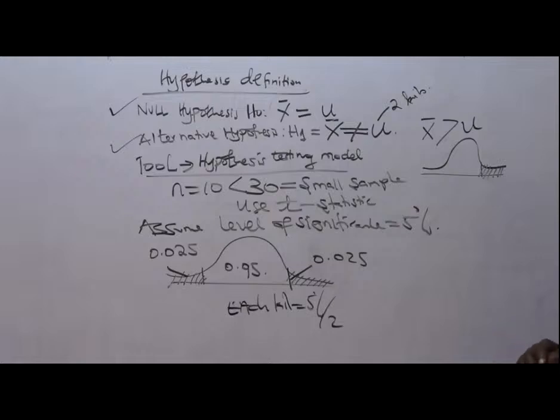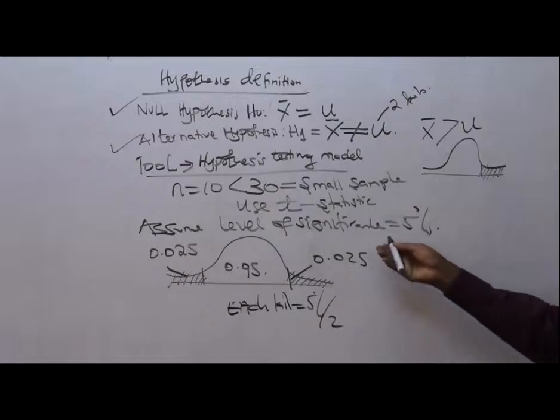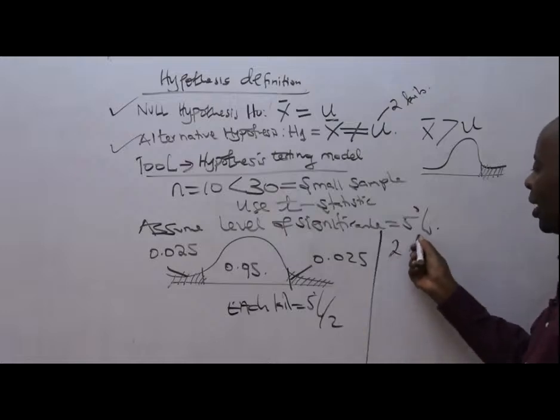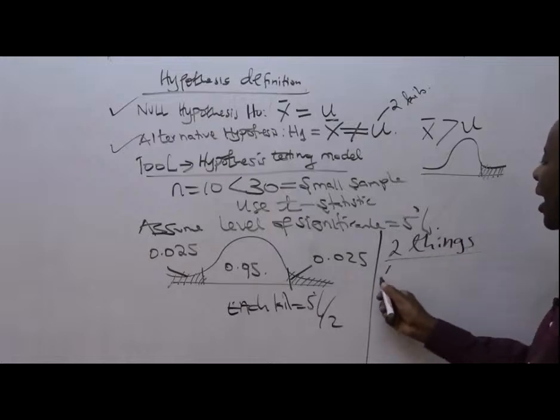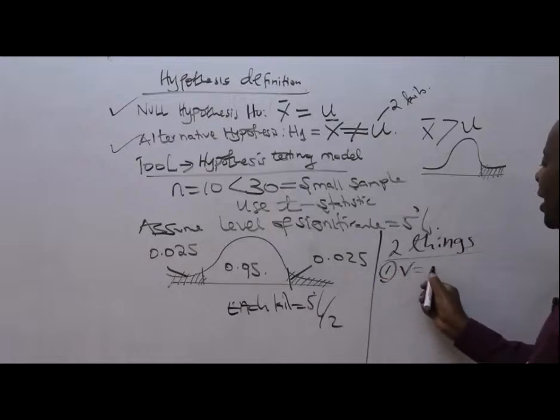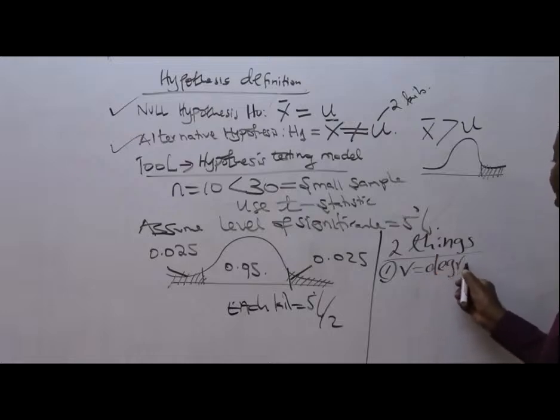Now, ladies and gentlemen, having been able to draw this thing nicely, I need two things here to be able to read this from my table. Number 1, I'll need a V. V stands for degrees of freedom.